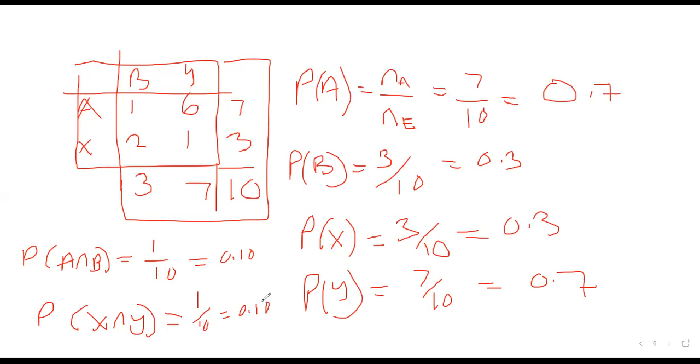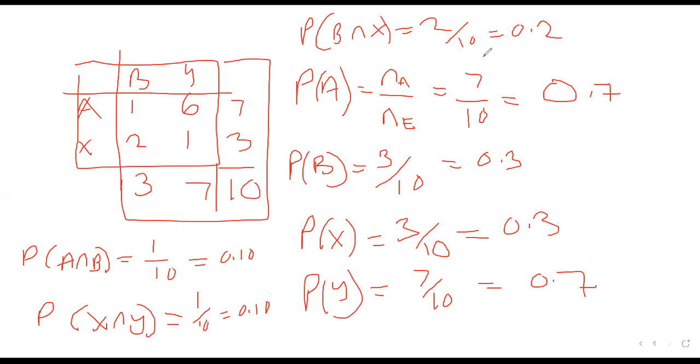Any questions thus far? How about B intersection X? It will be 2 over 10, which is 0.2.